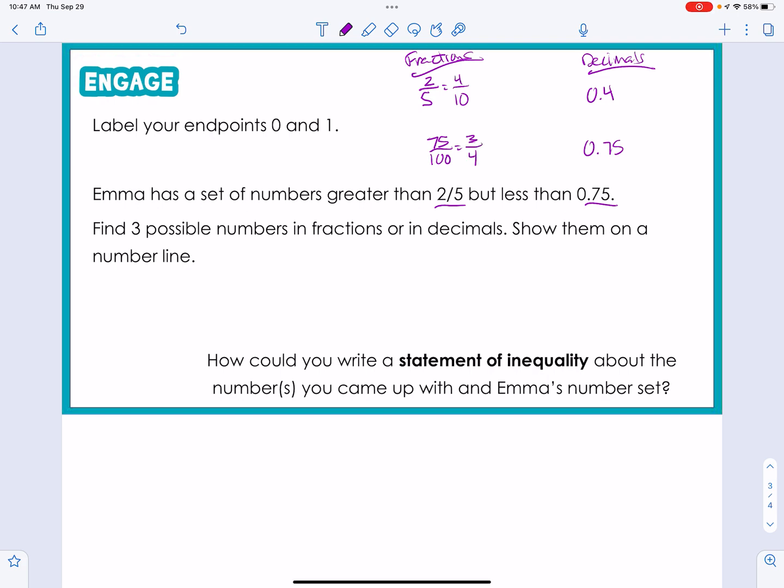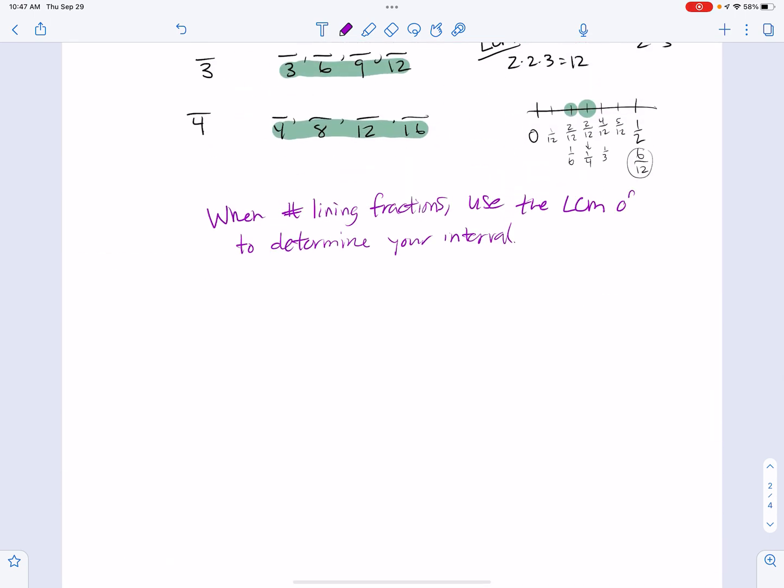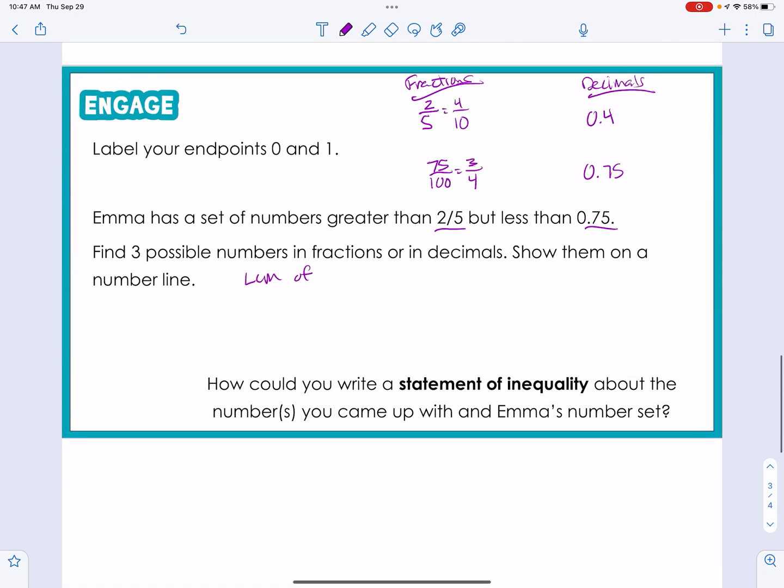So if we wanted to use our idea from above of using least common multiple, we need to find the LCM of the denominators, so the LCM of 5 and 4.